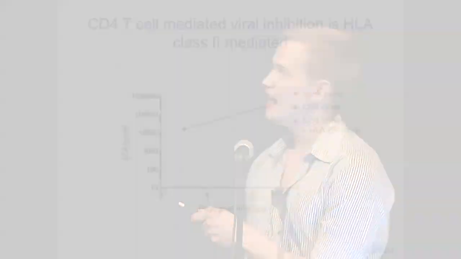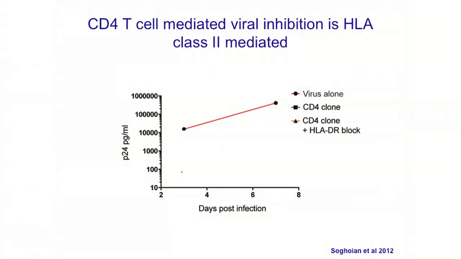So we turned to CD4 T cell clones that we generated. We infected H9 cells as our target cells with HIV and used a normal viral inhibition assay. When we added our CD4 T cell clone, we see a 1,000-fold reduction of HIV viremia, similar to levels that have been described for CD8 T cells.